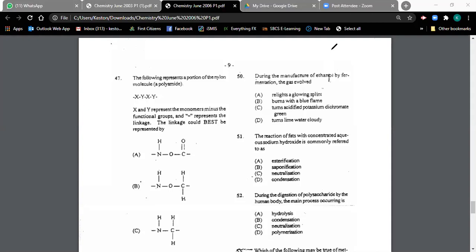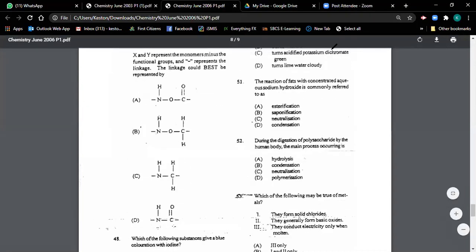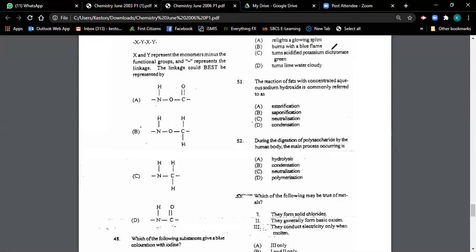Very good. 52. During the digestion of polysaccharide by the human body, the main process occurring is, yes, condensation.